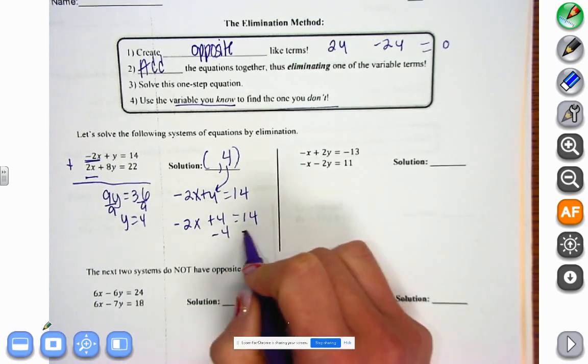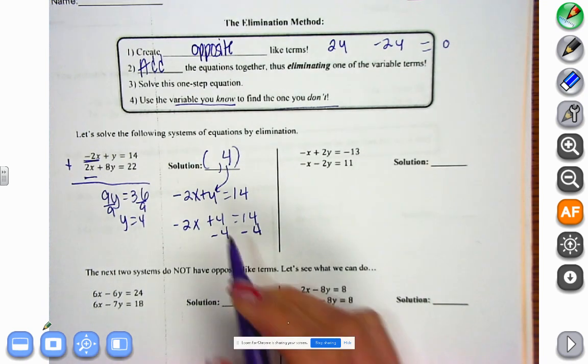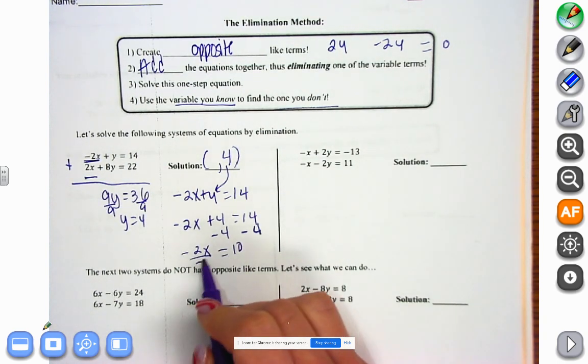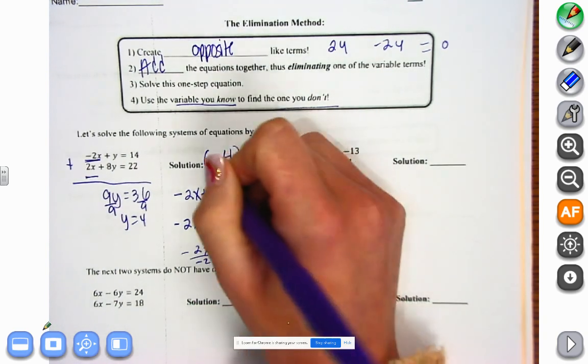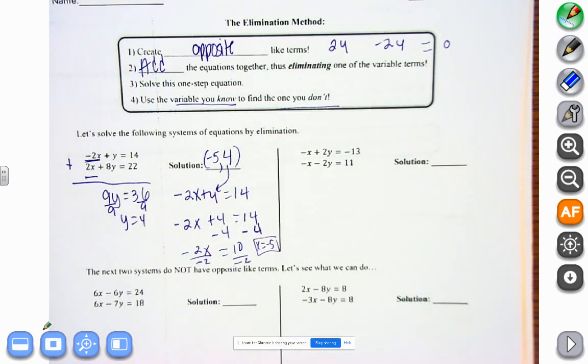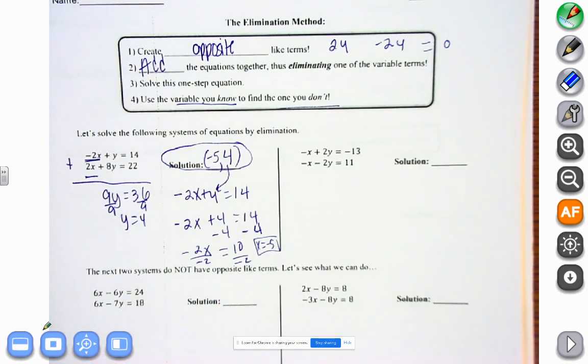And if we're solving, we get negative 2x equals 10, giving us that x is negative 5. Plugging that into our solution, we have now solved our system using elimination.